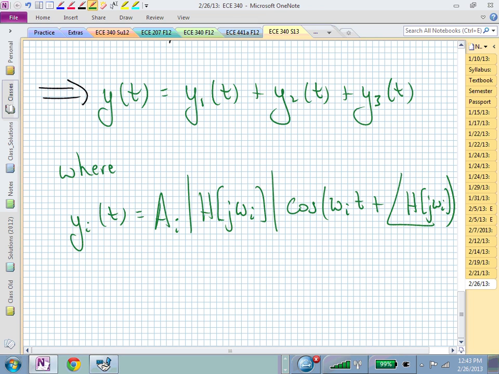If we can quickly find that, now we can immediately see what's going to happen to certain components if omega 1 is in the sweet spot or in the pass band of our H, and maybe omega sub 2 and omega sub 3 are way down on this cutoff region of our transfer function's magnitude, we can start to say, roughly it's going to be whatever omega sub 1 provides in the output.